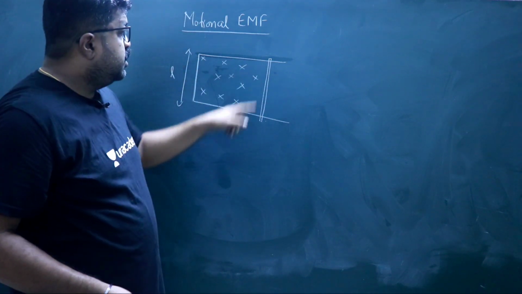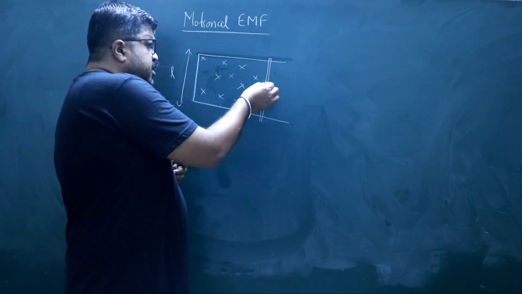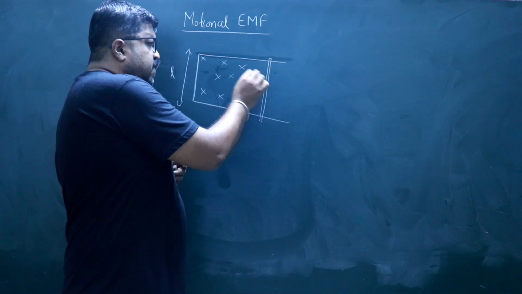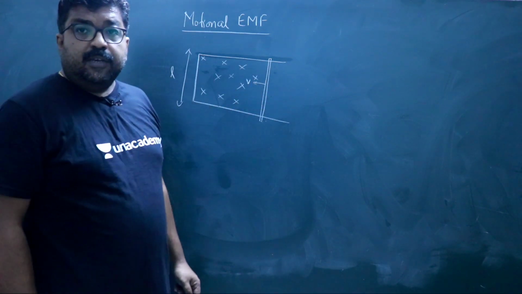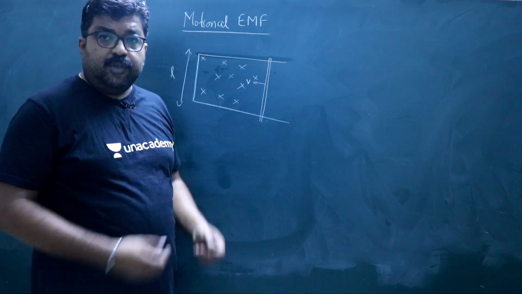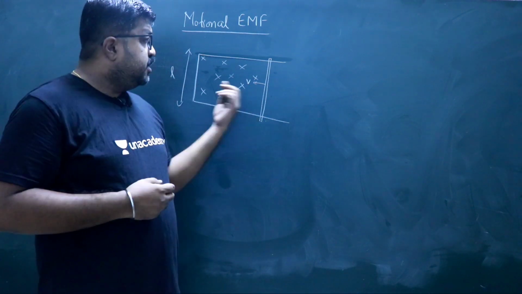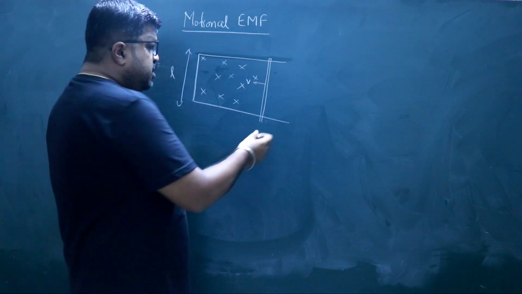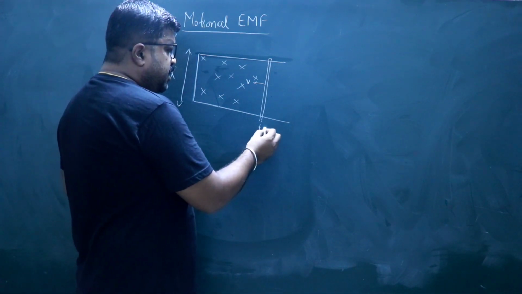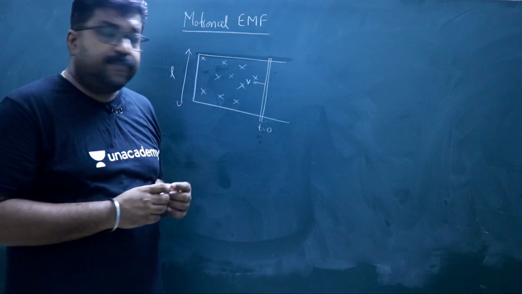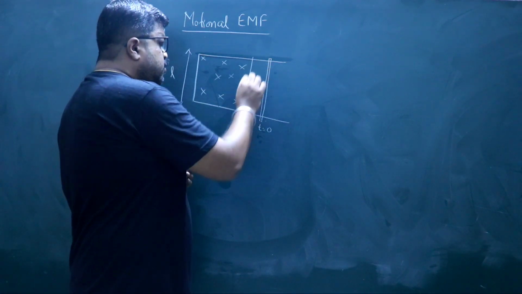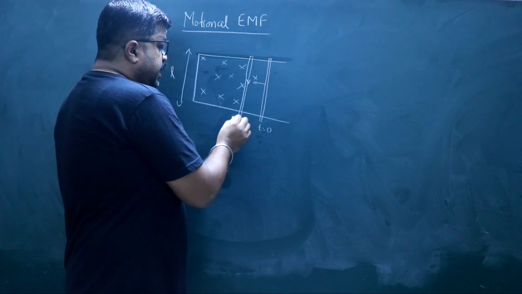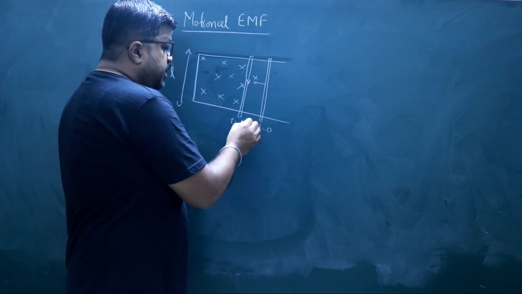Now suppose this rod is pulled in this direction with constant velocity v. Suppose this is the position of the rod at time t equal to 0, and the rod moves to this position at time t equal to dt.